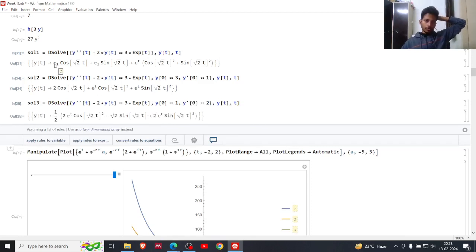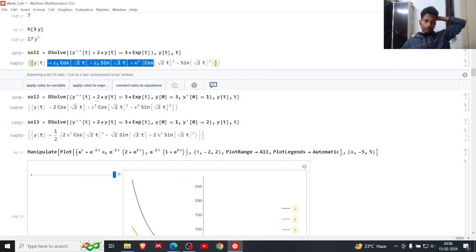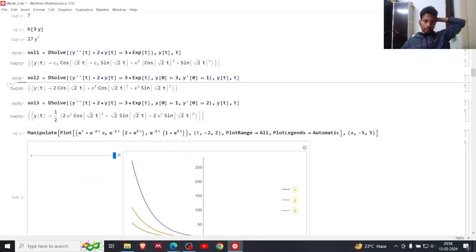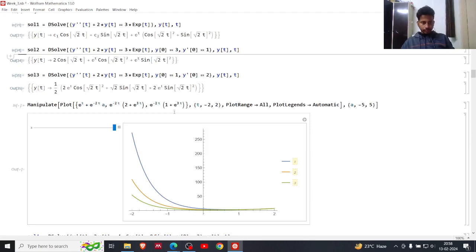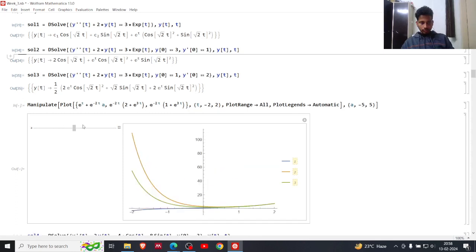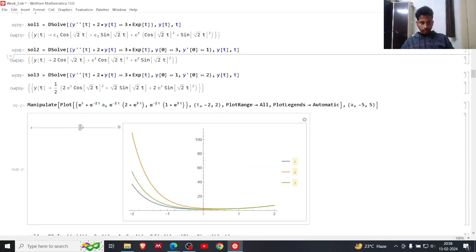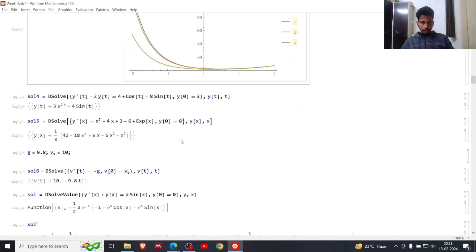But the first thing is, this is a general solution here, but this is a particular solution of the equation with different boundary values, and we plotted an example of this. Then we can see that this blue is matching with the two solutions at different points. So by changing this A, we are getting this one or that one.